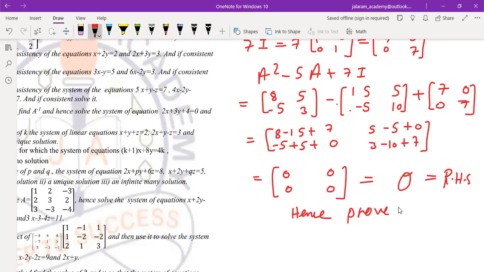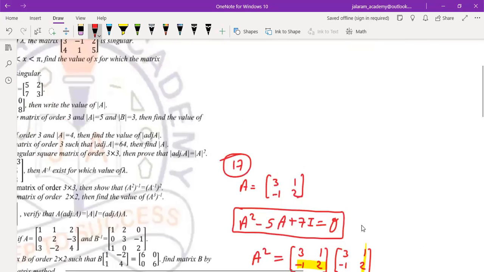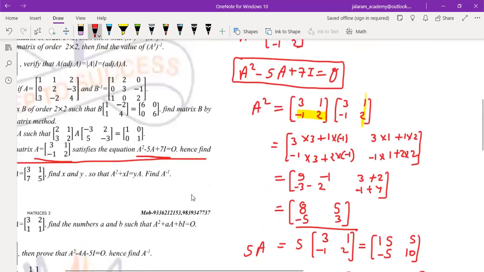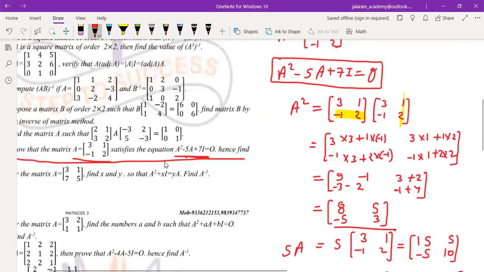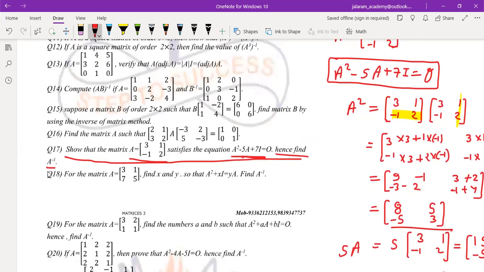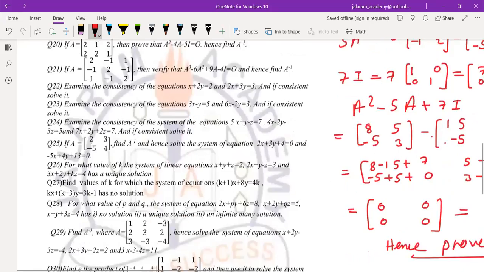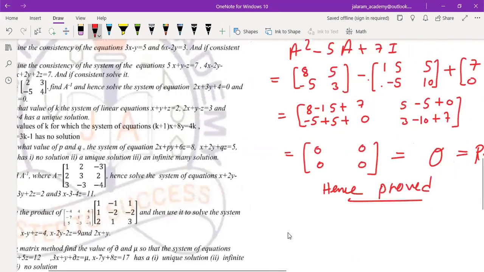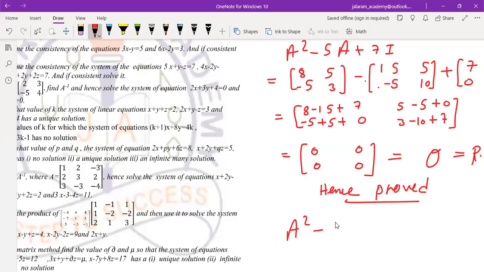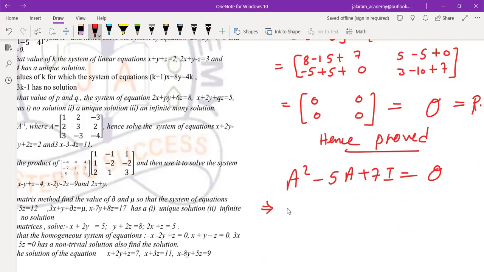So in first part, we have to prove that A square minus 5A plus 7I equals to O. And in second part, we have to find A inverse using this matrix equation. So first we write this matrix equation, A square minus 5A plus 7I equals to O. Then multiply A inverse to all the parts of this.